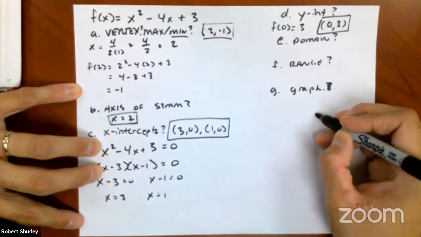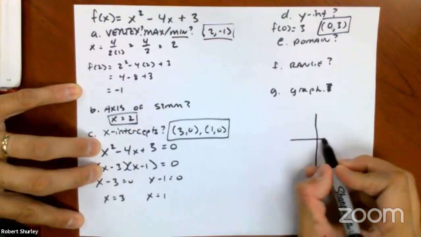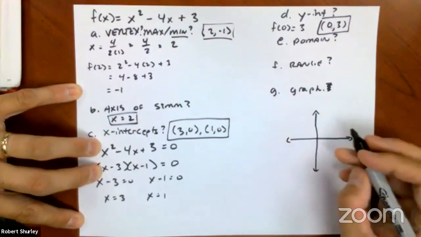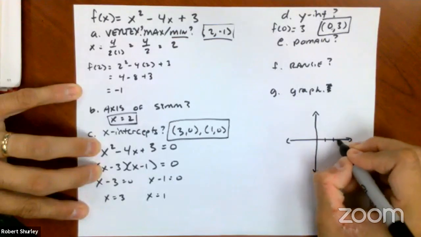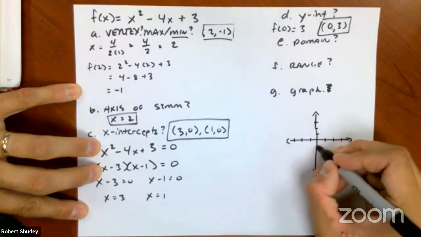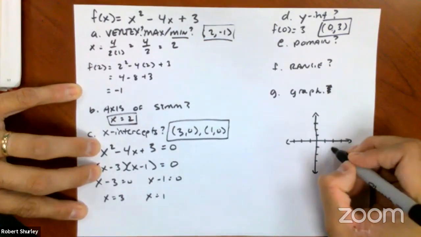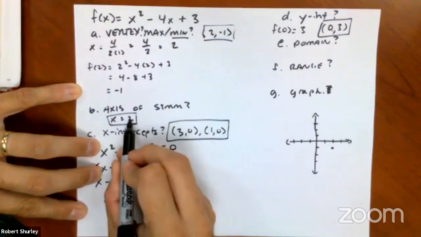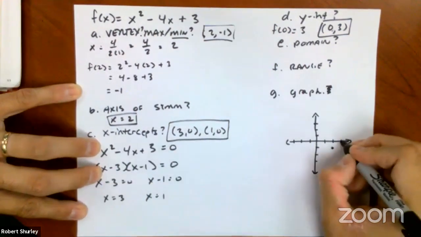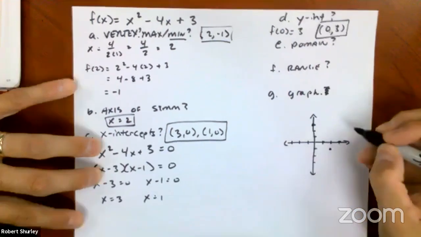Okay, let's graph it. See what we have going on. We don't really have any big numbers. Okay, so the vertex is 2, negative 1. We're going to go up. Intercepts are 3 and 1, and then positive 3 for the y-intercept.